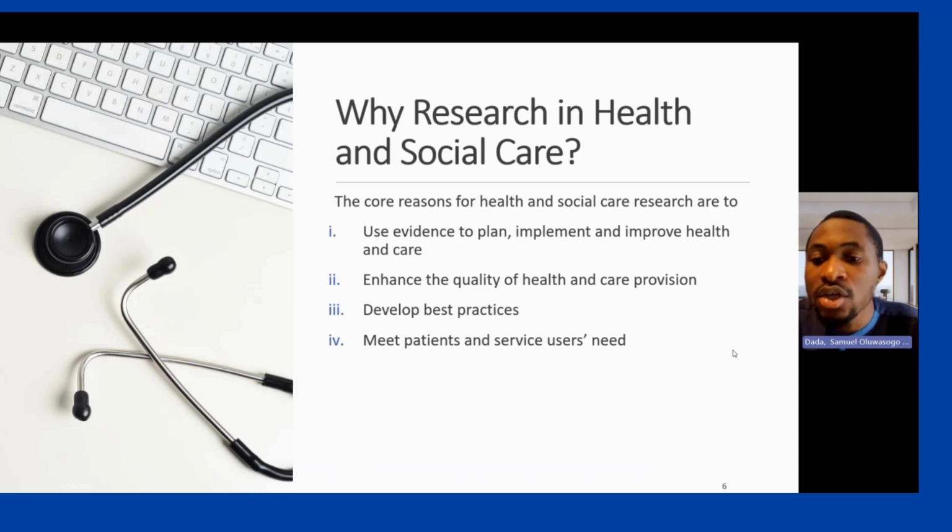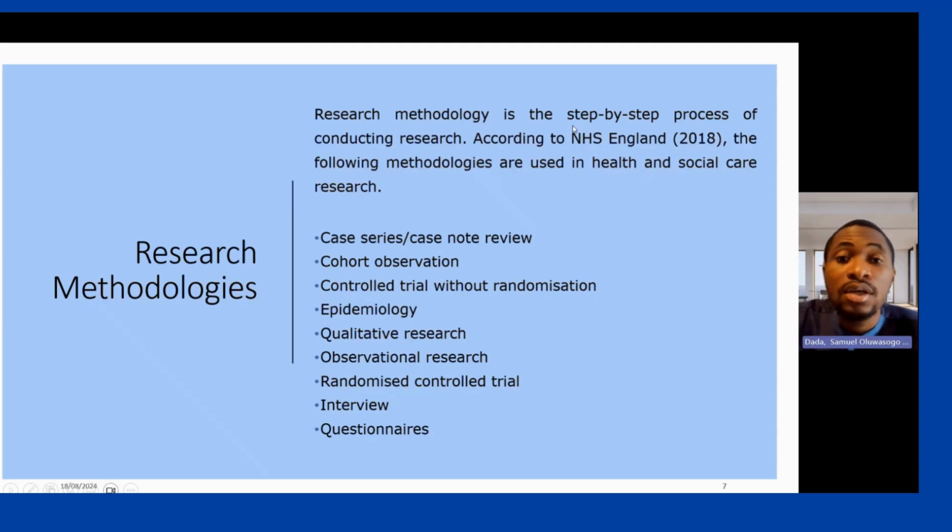We do research to develop best practices and also to be able to meet patients' and service users' needs. That is the core reason why research is done in health and social care. So we have different research methodologies in health and social care, and in health generally.